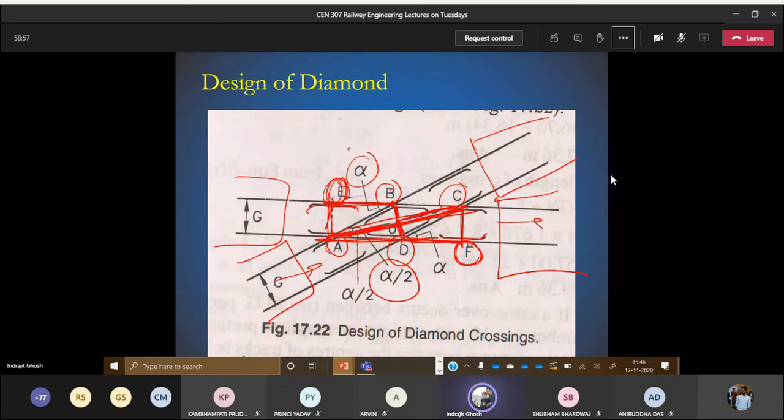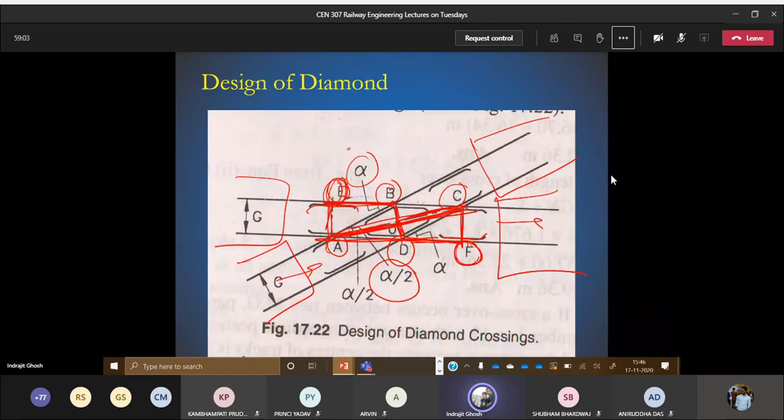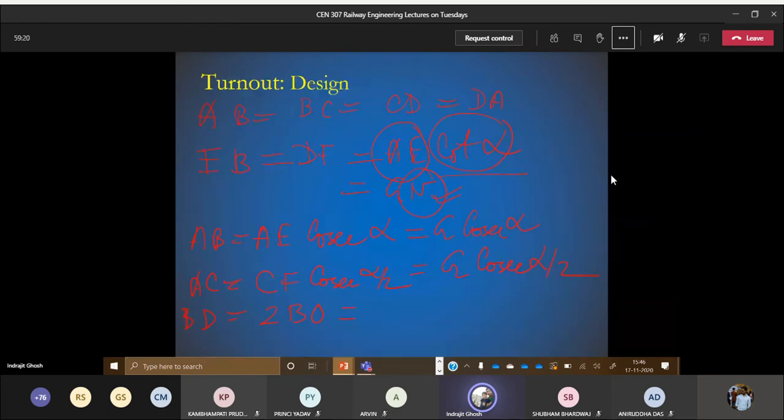We can say BD is equal to 2BO. Now what is BO? Take any triangle where you have one side included, because we have already measured AB, BC, CD and DA, so anything is fine. If we take BCO, then 2BO is equal to 2BC sine alpha by 2.